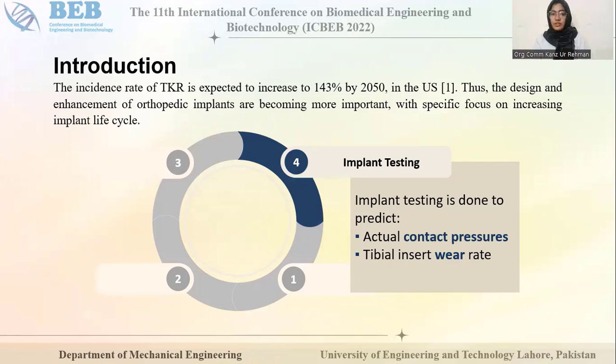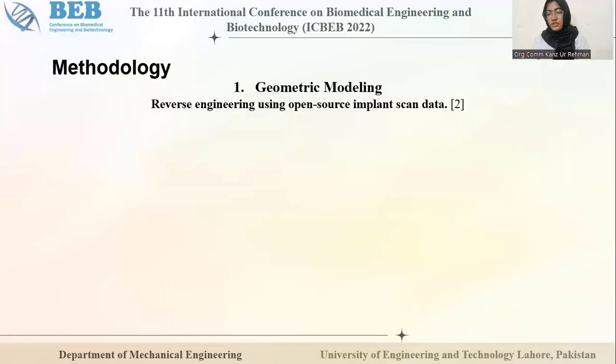So in this computational analysis stage, we focus on the actual contact pressures between the femoral component, which is the part that is attached to the thigh bone, and the tibial insert component, which is attached to the shin bone. When we study and monitor the contact pressures, we can predict the wear rate of the tibial insert, as it is directly proportional to the contact pressure.